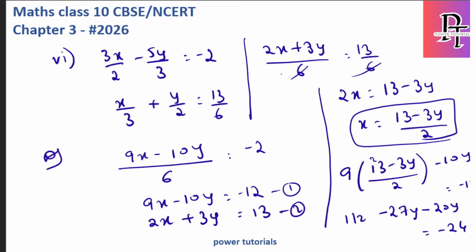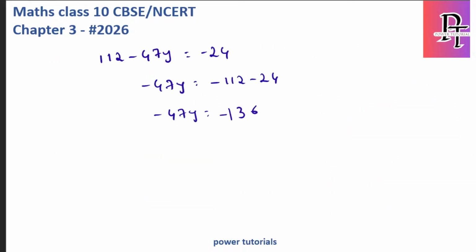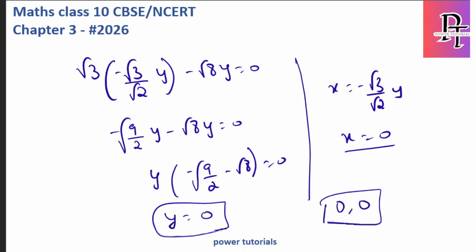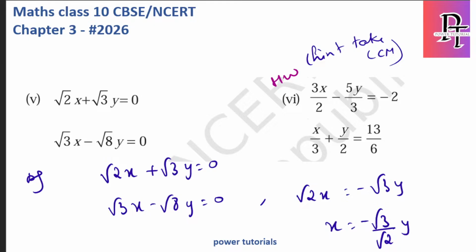112 minus 47y is equal to minus 24. So minus 24 to the other side, it moves to that side. Okay, getting the y value as a fraction. Let me just cross check if it is fine or not, or else I'll just redo it.